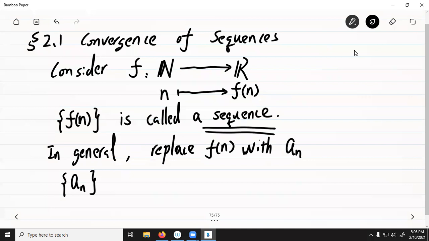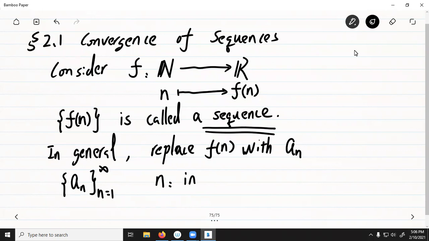This is the sequence we have learned in calculus 2. Here this n is from 1 to infinity. n could be from 0 to infinity, it doesn't matter. This lowercase n is called the index.